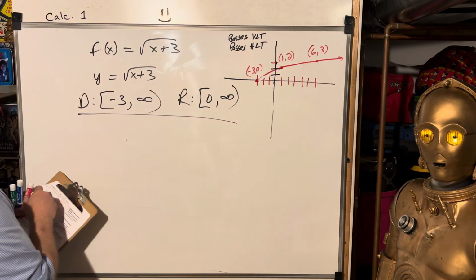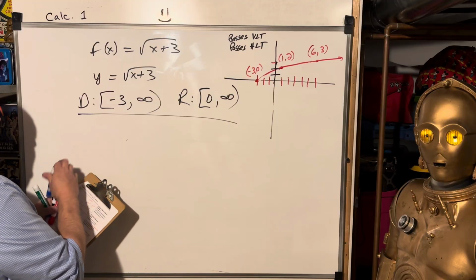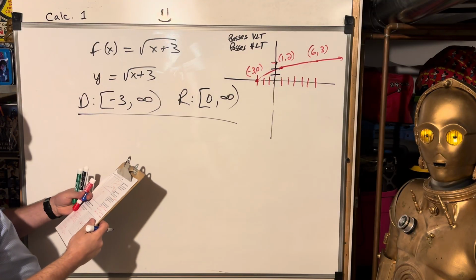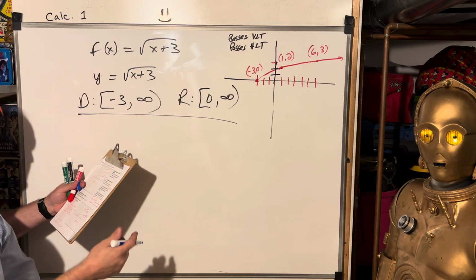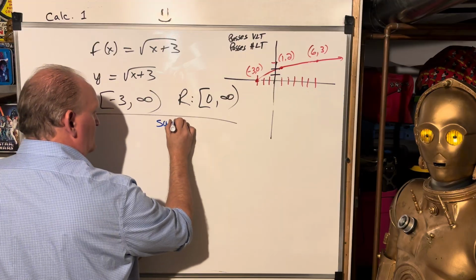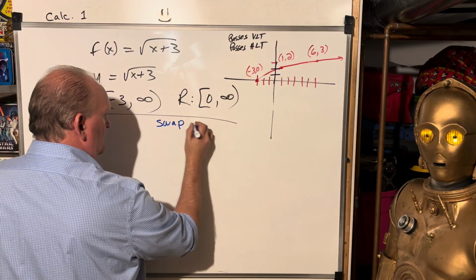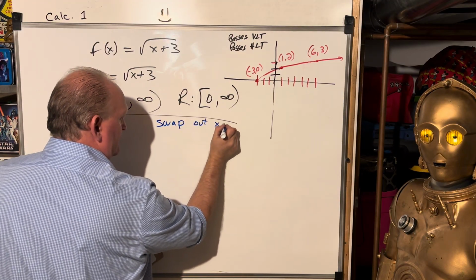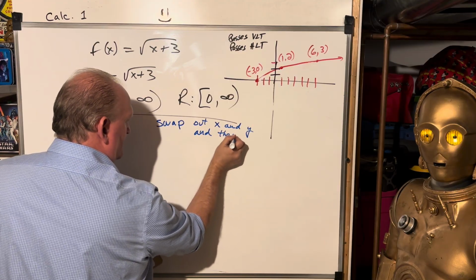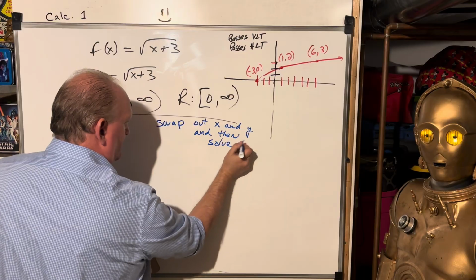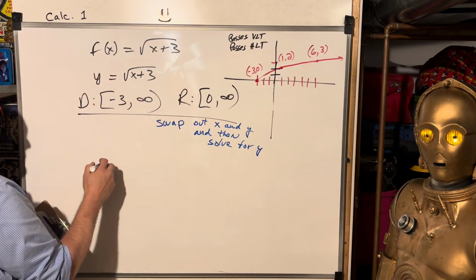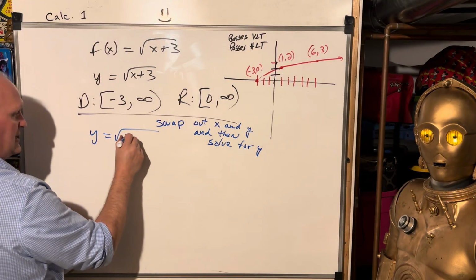All right? So now, to find the inverse, what you do is swap out x and y and then solve for y. So I have y equals the square root of x plus 3.